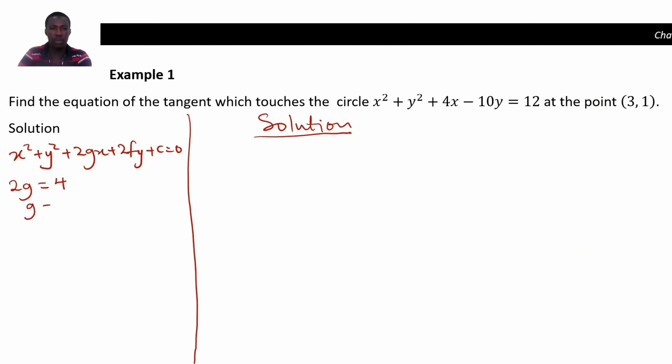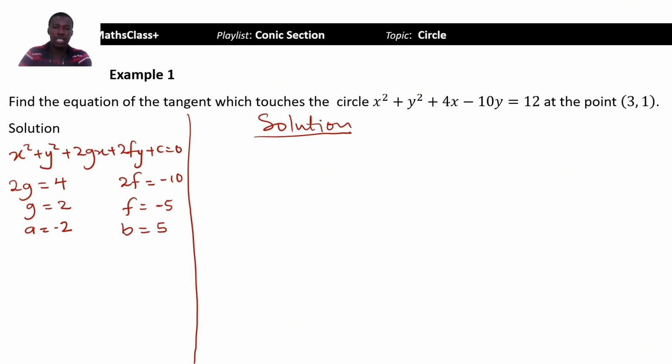Our g will become 2, and that means that the center a is equal to negative 2. Then our 2f is also equal to minus 10. Our f will be minus 5, and that means that our b will be equal to positive 5. So the center of the circle is (-2, 5).